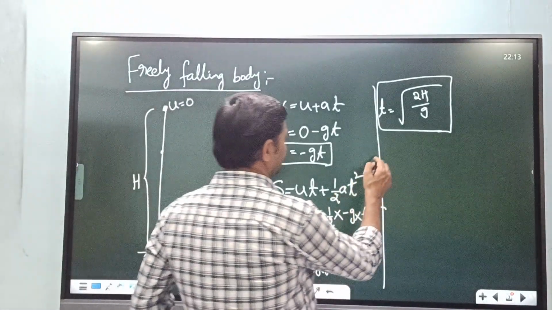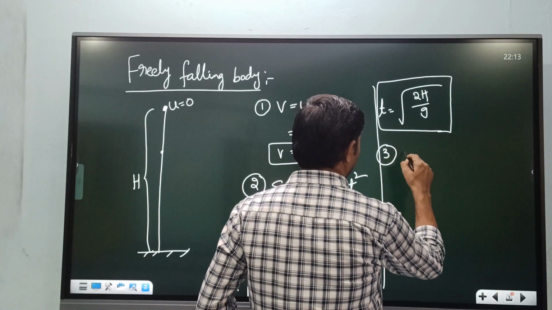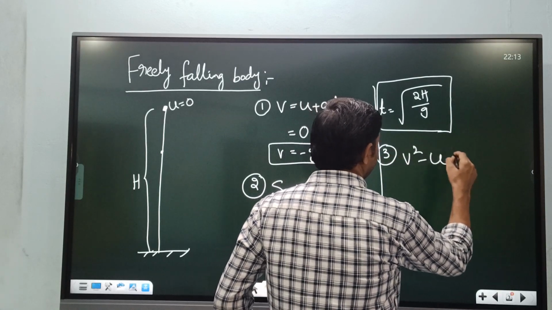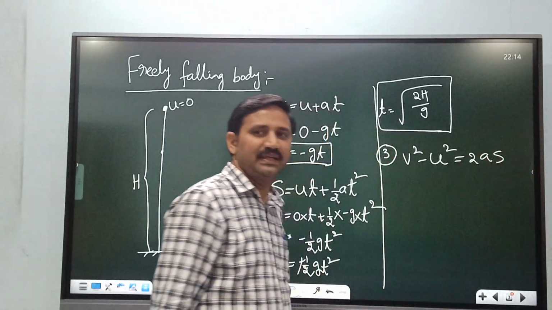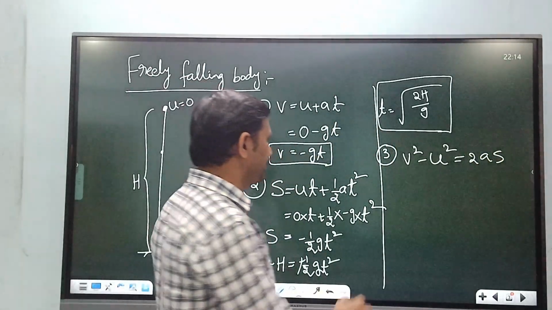Next, what is our third equation of motion? V square minus u square is equal to 2as. Here the initial velocity of the body is 0.